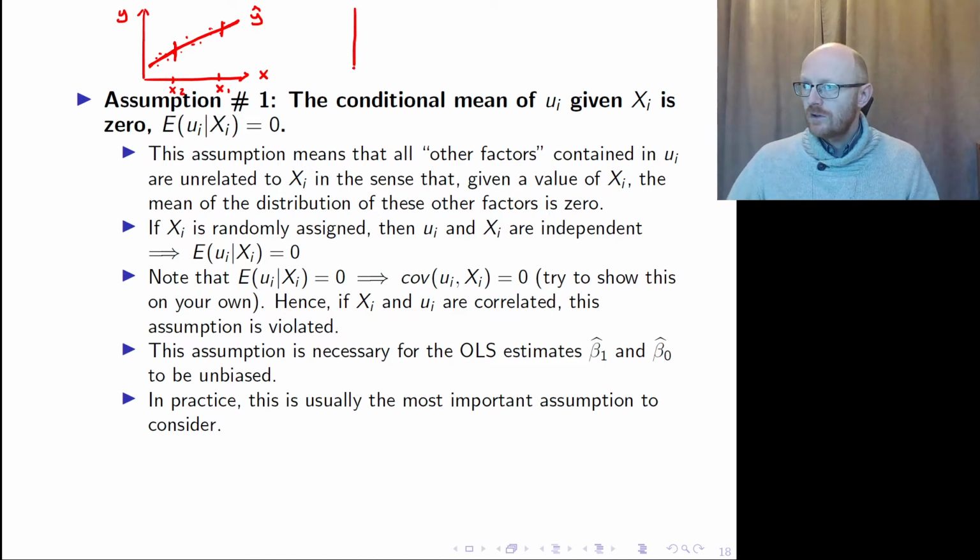Conversely, you can have this scatter plot between x and y, and maybe you have this line here, and you have an outlier. If you look at this section of x1, or you choose the value of x to be x1, then the residuals are on average positive, right?